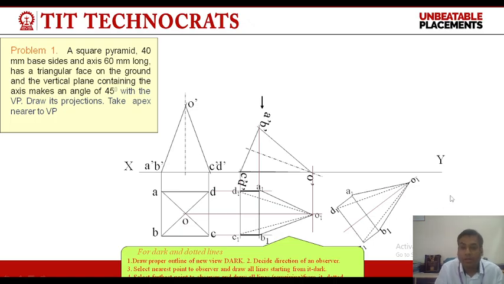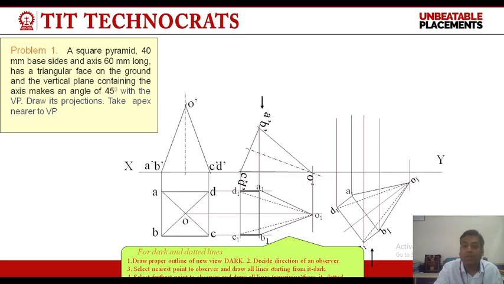For drawing the final projection, we will draw projectors from all the edges of our top view. Vertical projectors are drawn from top view, like this is the projector from point D1, this is the projector from point A1, this is the projector from point C1, and this is the projector from point B1.